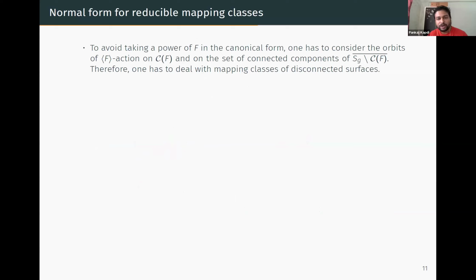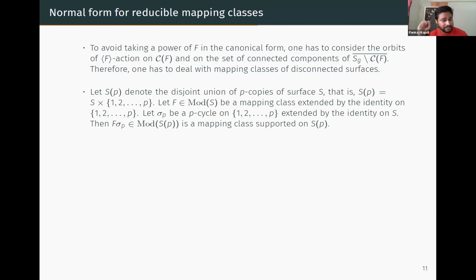Okay, and if you are considering the orbit, that means you have to consider the mapping classes of disconnected surfaces. So to define some particular mapping classes of disconnected surfaces, I'll introduce this notation S_p. This is p disjoint copies of the surface S, and this sigma_p is a p-cycle which permutes these p copies.